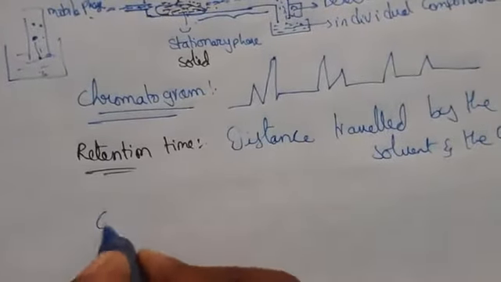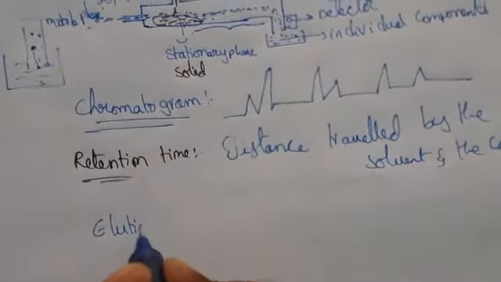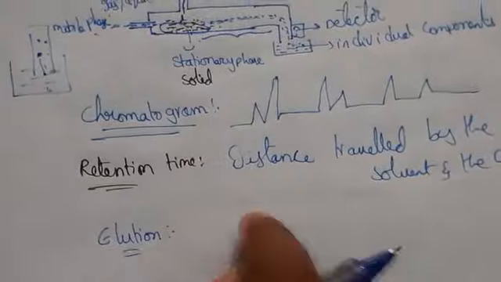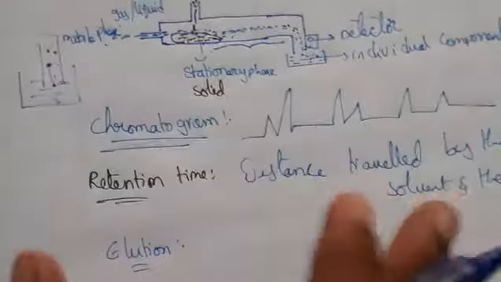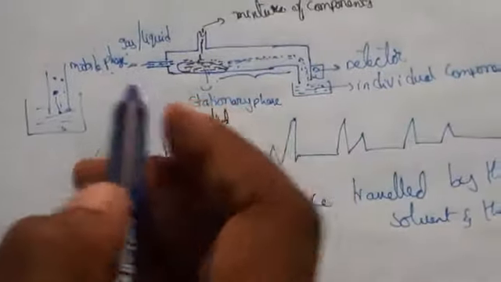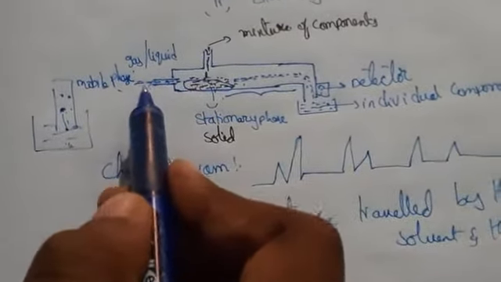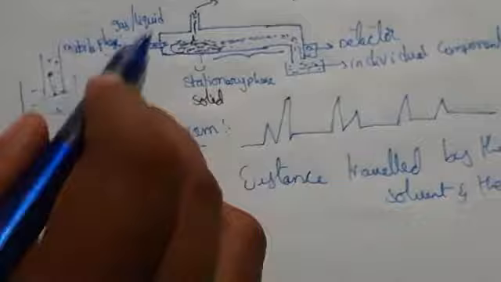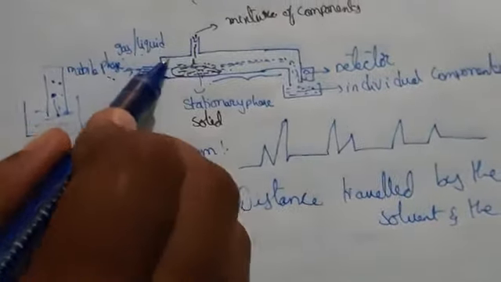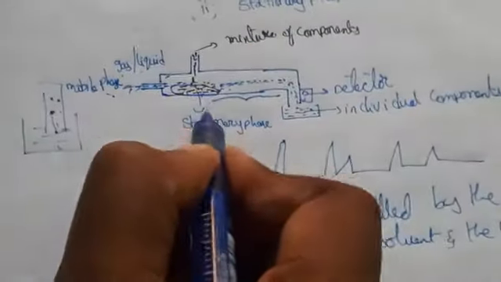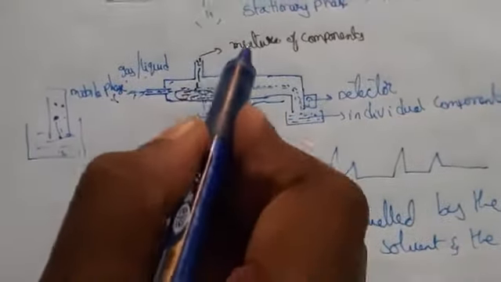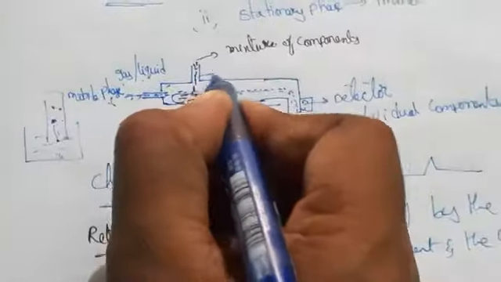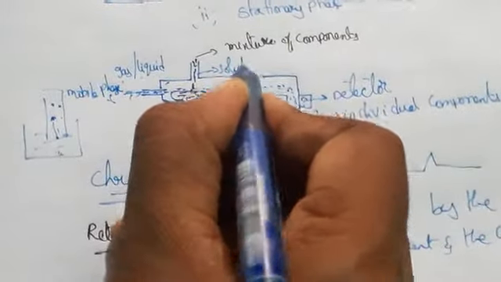And we have elution, eluent and eluate. Elution is a process in which a solute, in the mobile phase, is taken. Here we have the stationary phase and also the mobile phase, and we are taking a mixture of components. Let us take this as a solute.